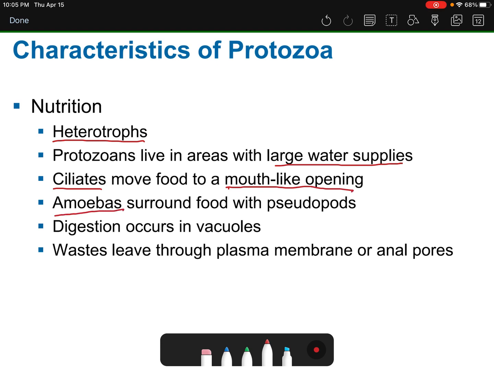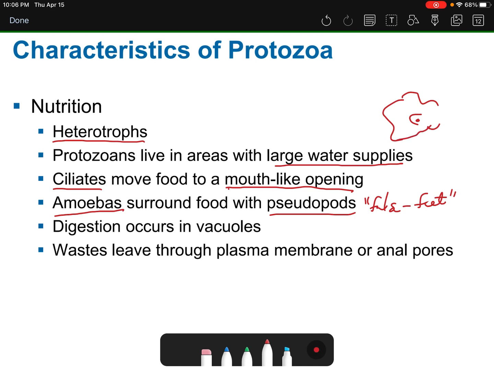Amoebas have these pseudopods, which means false feet. Basically, it's just projections of their cytoplasm that push out, so they never have the same shape at any time. They're always changing in shape, but those pseudopods can actually surround a piece of food, and they can keep pushing that pseudopod until it wraps around.